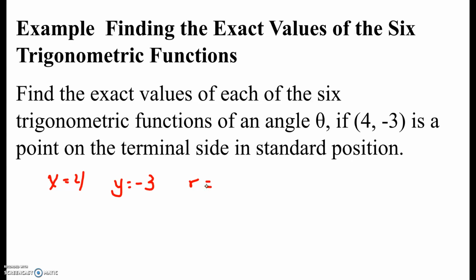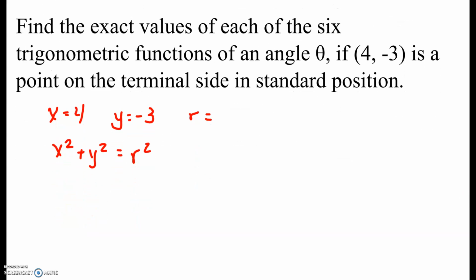To find r, we're going to use the fact that x squared plus y squared equals r squared. So 4 squared plus -3 squared is equal to r squared. 4 squared is 16. -3 squared is 9.